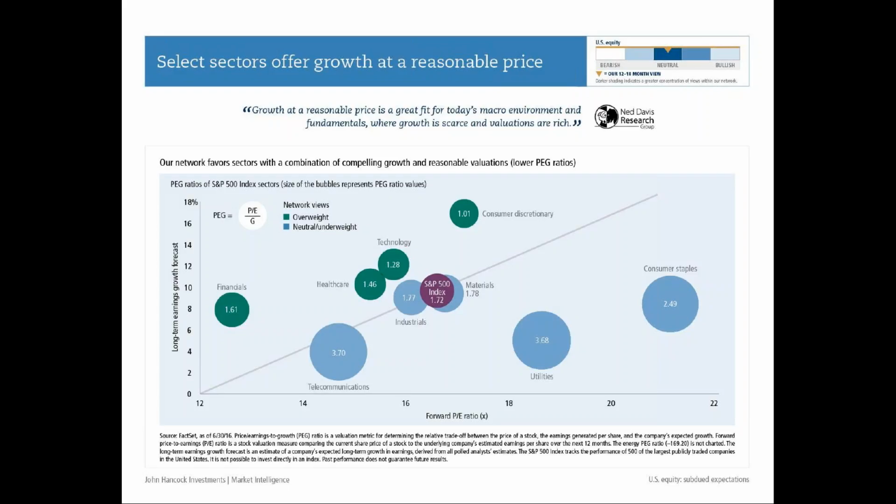So if you're owning a fund or an index, you might have different exposure to these sectors, and it's something you want to monitor because your starting valuation and the potential growth prospects can help influence your future-looking returns.